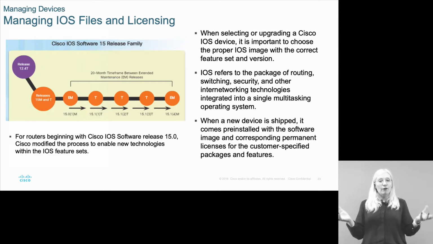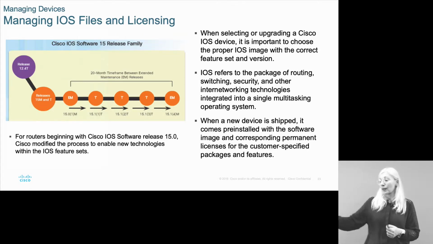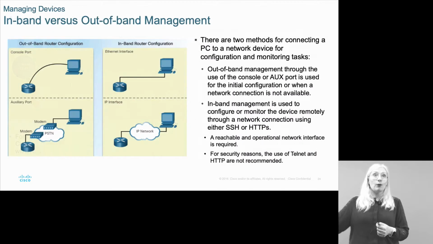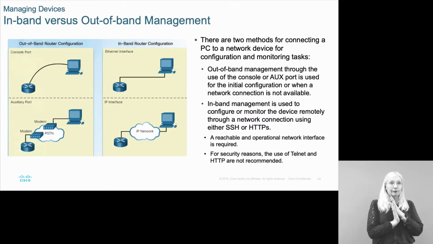Then if you need more functionality, you can update it to a larger operating system with new functionality. So you can also do it in the software of the different devices.